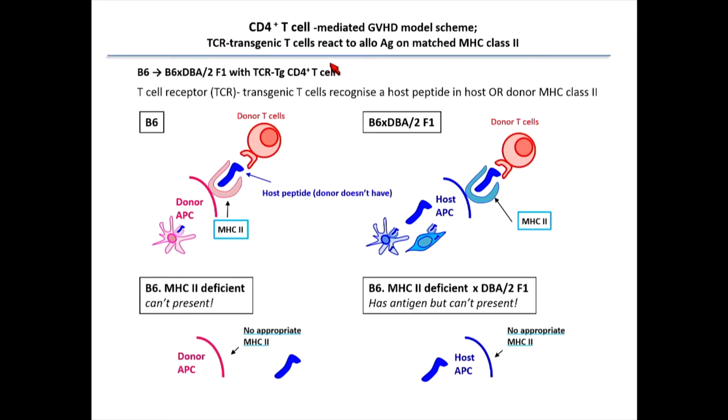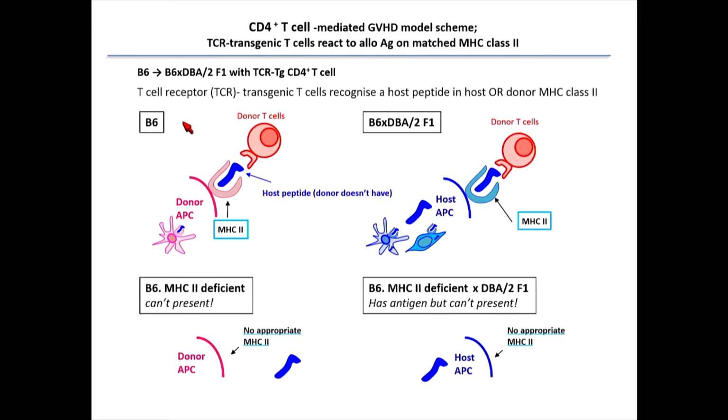To ask this question, we used the B6 by DBA2 model with TCR transgenic CD4 T cells. This transgenic T cell recognizes the antigen from the DBA2 recipient on the host or recipient B6 type MHC class 2.